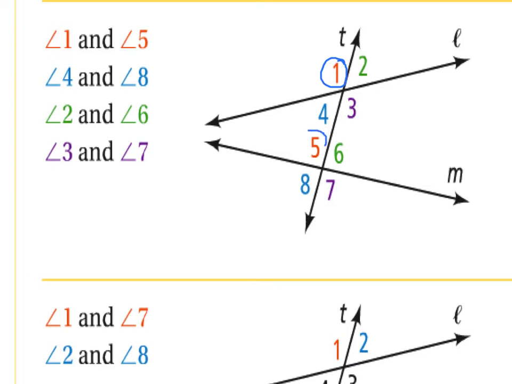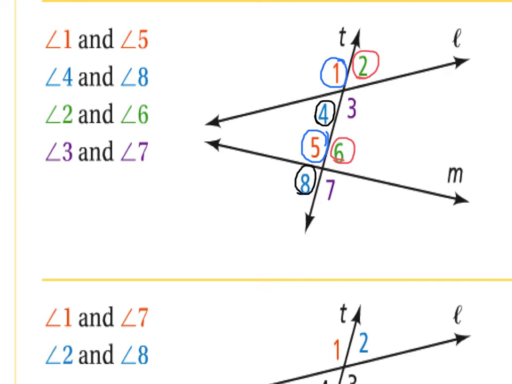And then angle 5 is corresponding to that because it, again, is on the top left. So top left of L and top left of M are corresponding. Same thing with the top right of L and the top right of M. These are corresponding. Then you go to the bottom left of L and the bottom left of M. They're corresponding.